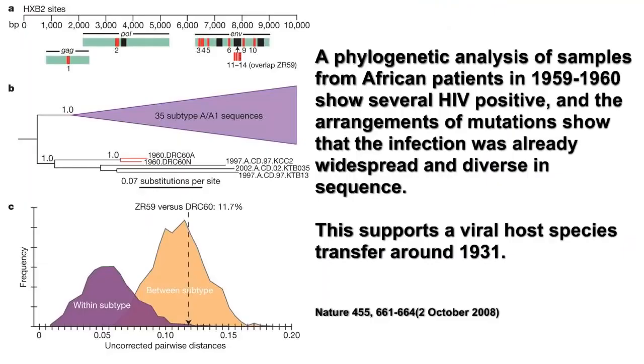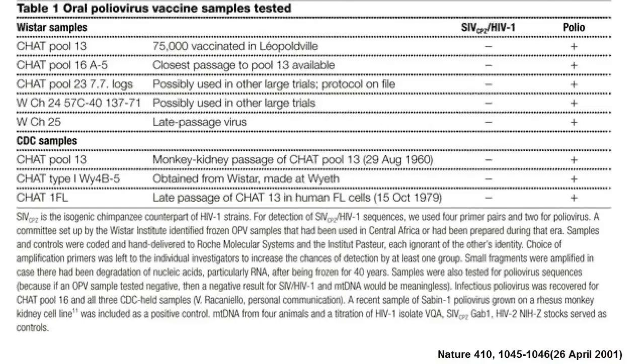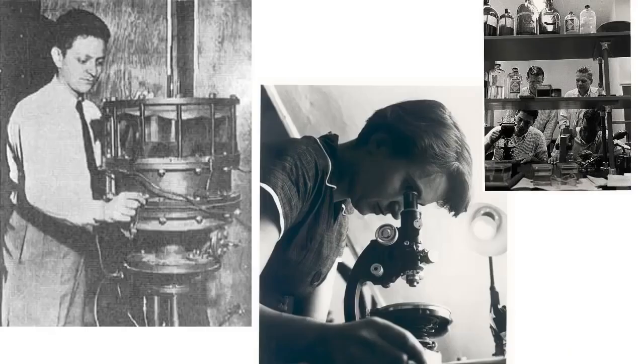But as the evidence shows, HIV had emerged in its modern form prior to the polio vaccine era. The frozen vaccine lots of that time period were thawed and tested for the presence of either SIV or HIV by an impartial third party. It's also completely implausible that HIV is an engineered virus or bioterror agent.